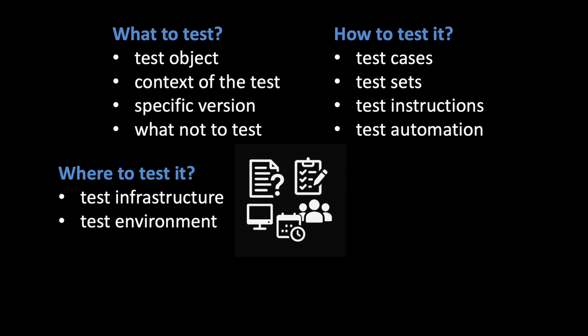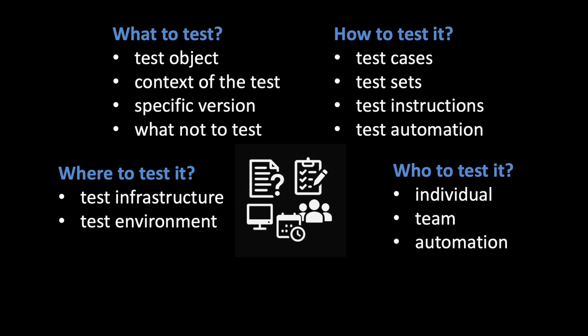You may also add additional information called test instructions. So those may be certain information to be considered only for a specific test execution. And also there may be tests that are executed by a test automation, and there may be specific test cases for that.